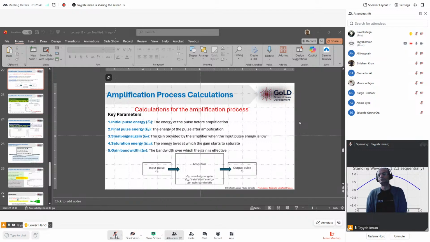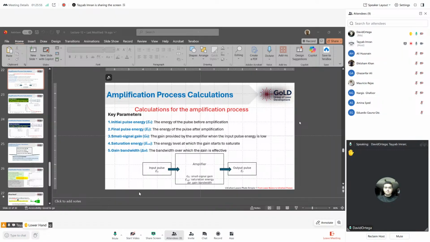Yes, David. Can you hear me? Yes, I can hear you. Excuse me, when the tubing of laser, the red one and the green one combines, it means that one laser is acting like a seed.